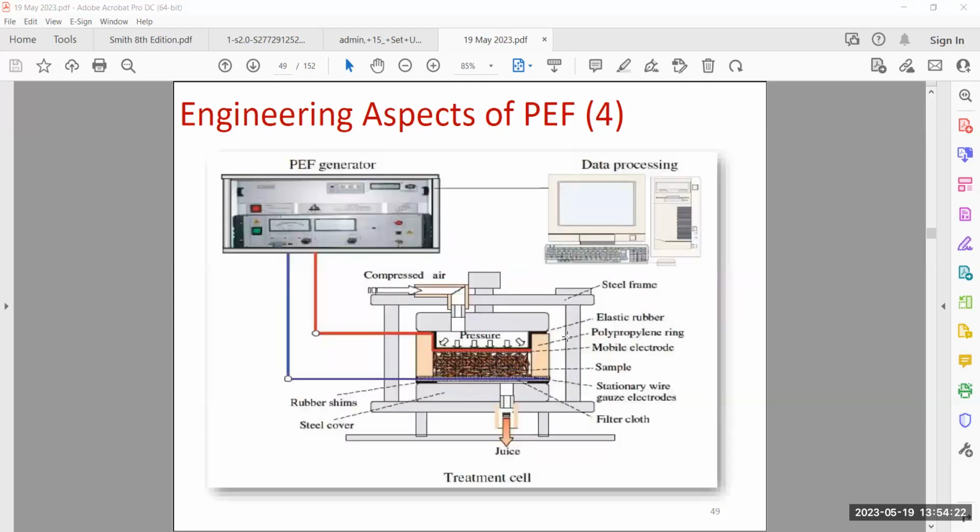This is basically the very basics of pulse electric field. This is what it looks like: the pulse electric generator gives out an electric arc between these two electrodes.